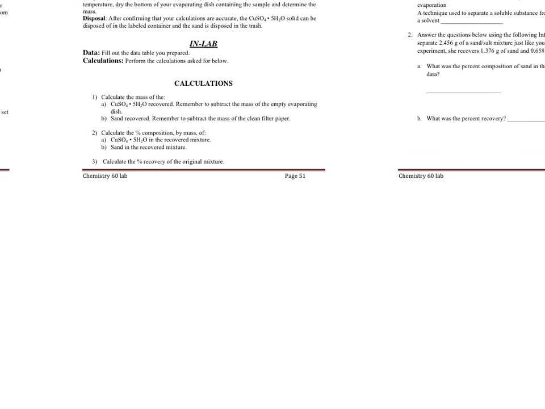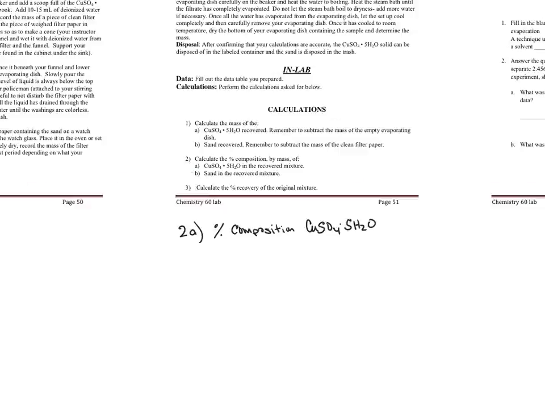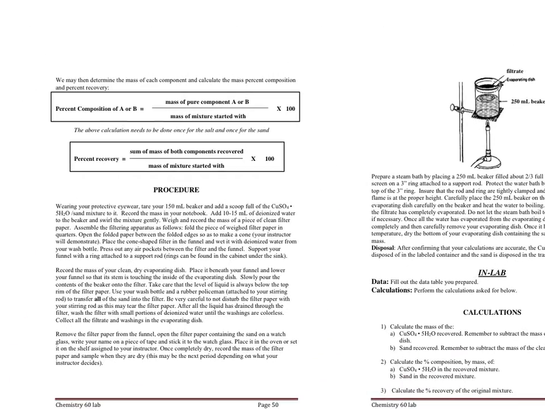Looking now at, we'll start with question 2A. Percent composition of copper(II) sulfate pentahydrate, and we're using our definition. Make sure you got this correct. So percent composition is the mass of the pure component, which is our copper(II) sulfate pentahydrate, divided by the mass of the mixture you started with.